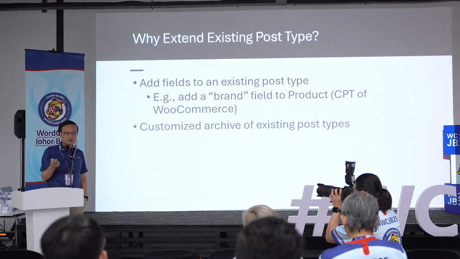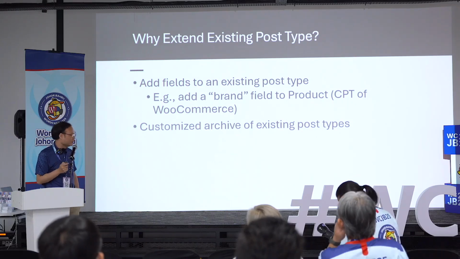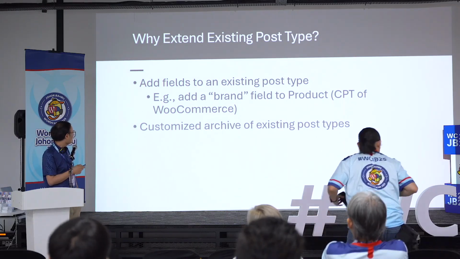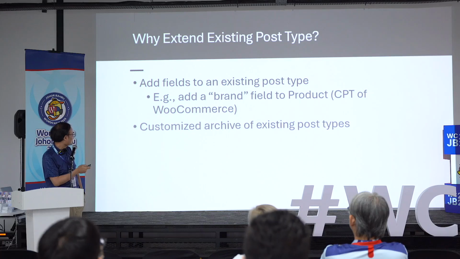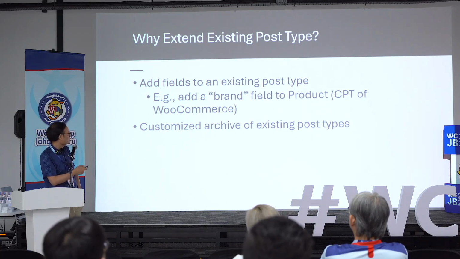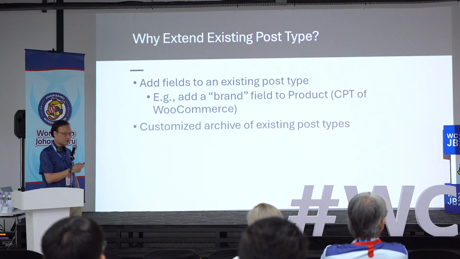Okay, and so why do we want to extend the post type, especially the existing post type? Sometimes you will want to add a field to a post or page. One classic case is that you want to add brands to the products, right? So you can use Pods to do it.